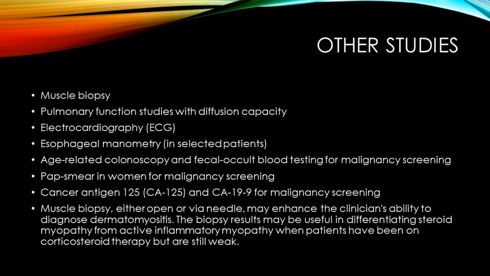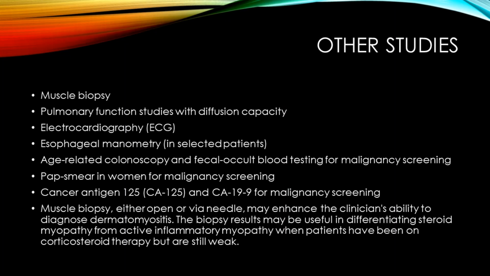And other studies: muscle biopsy, pulmonary function studies, electrocardiography, esophageal manometry, age-related colonoscopy and fecal occult blood testing for malignancy screening, Pap smear in women for malignancy screening, cancer antigen 125, CA-125, and CA 19-9 for malignancy screening.